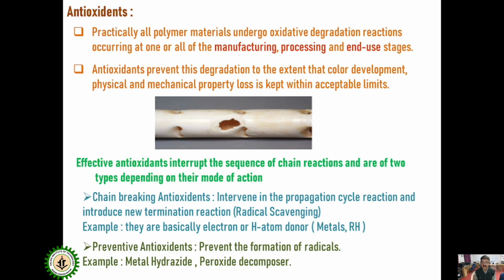Once the free radical is generated in the polymeric body, the anti-polymerization process will be faster and faster, so the degradation will proceed more. The role of chain breaking antioxidants is that once the free radical is generated, it will be scavenged and consumed by the antioxidant, so that the further propagation of the depolymerization process slows down.